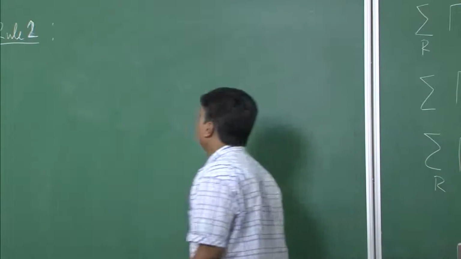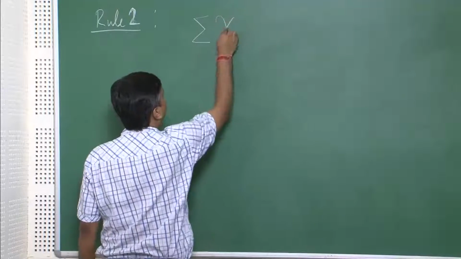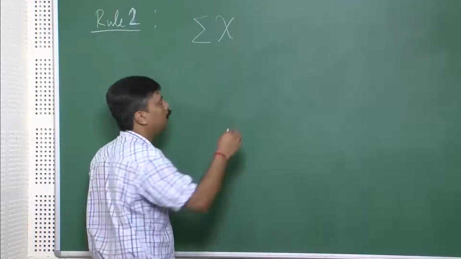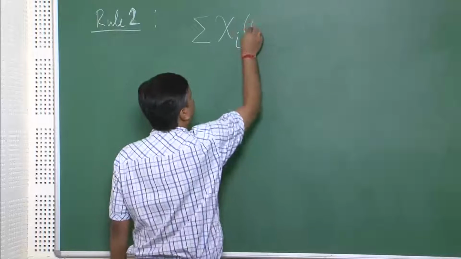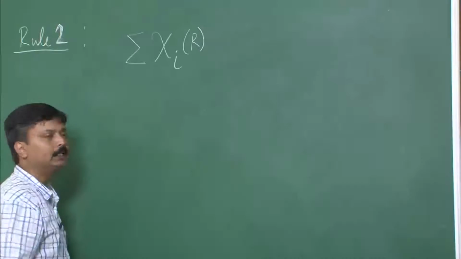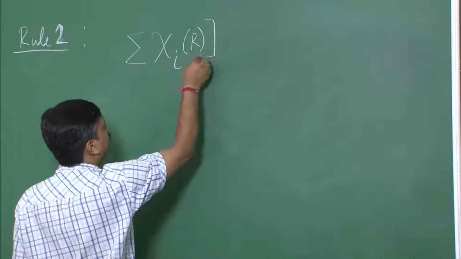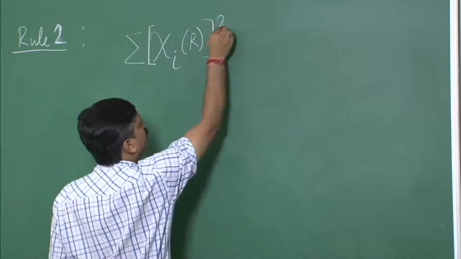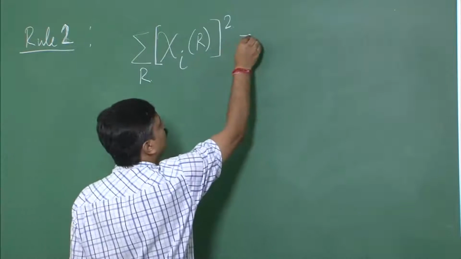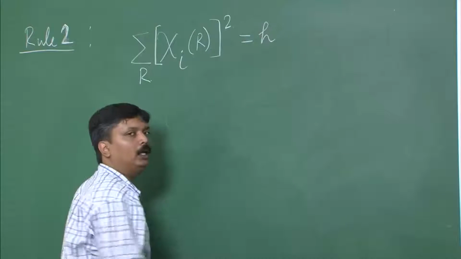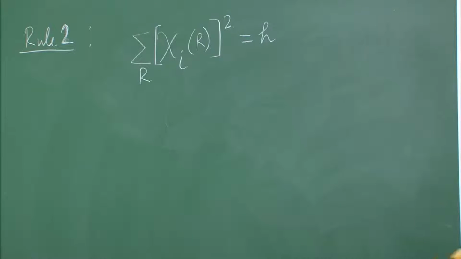Mathematically, the character of any given irreducible representation, say the ith representation, for any operation R is given by chi_i of R, and if I take the square of that and sum it over all the symmetry operations, then that will be equal to the order of the group. We can easily prove this one.